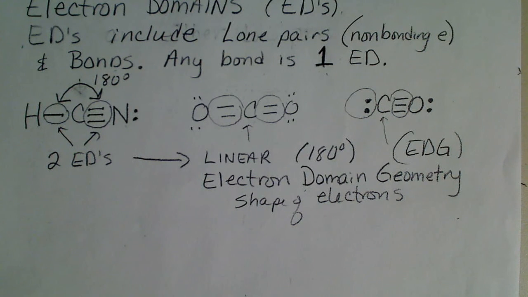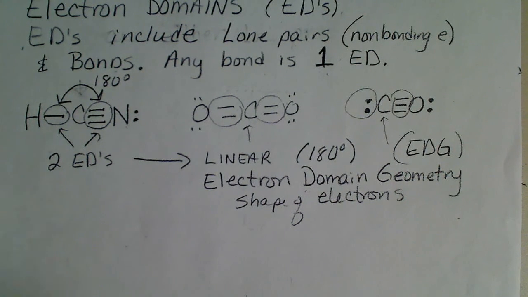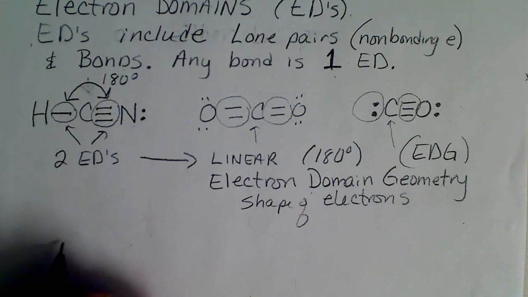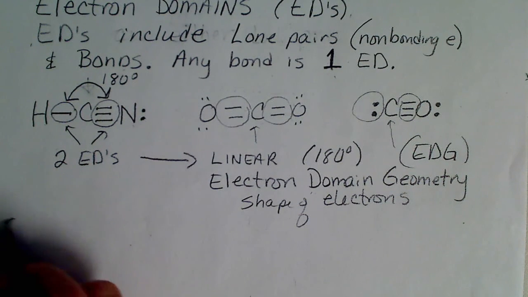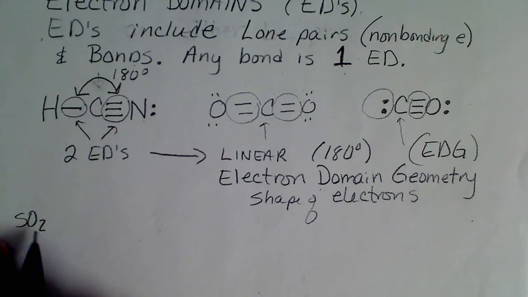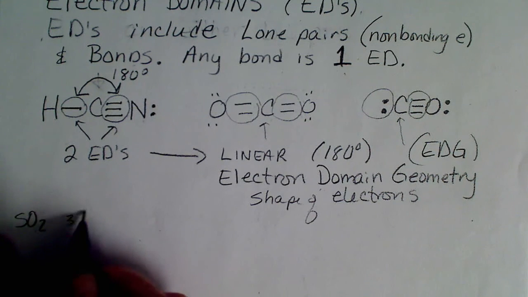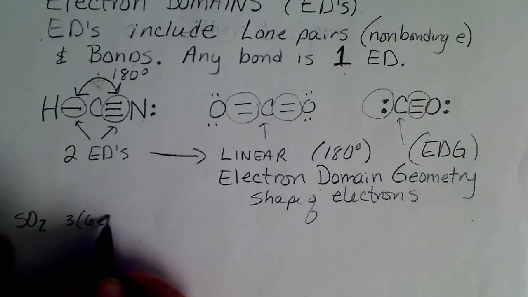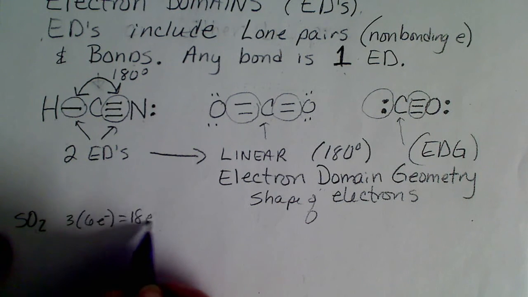groups of electrons around a central atom, we've drawn several structures like that. The first one I'm going to draw is SO2. If we do a quick dot structure of SO2, the divide by 8 method works beautifully as long as we don't have hydrogen. The available electrons here, 3 atoms, and each has 6, that's 18 electrons.